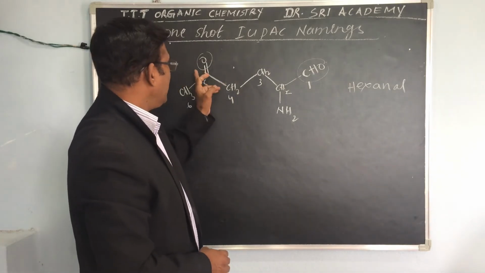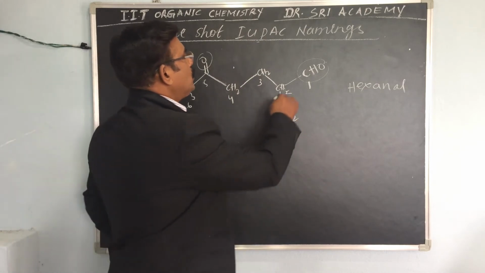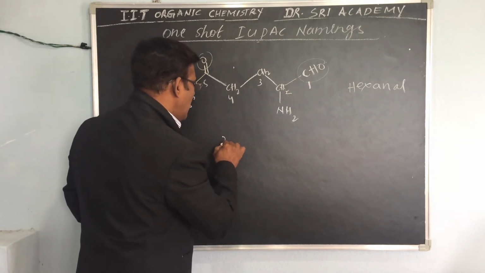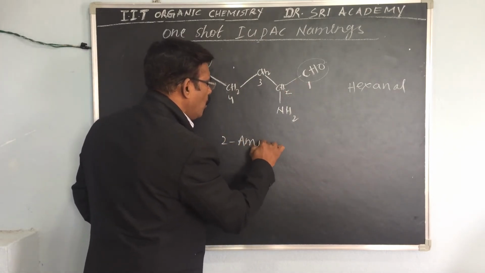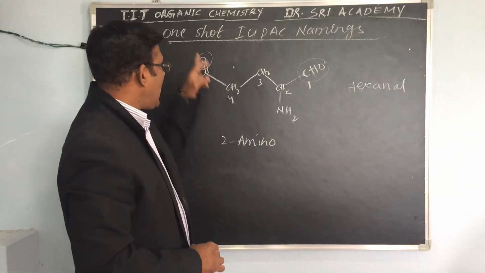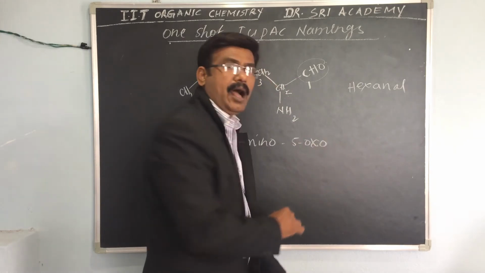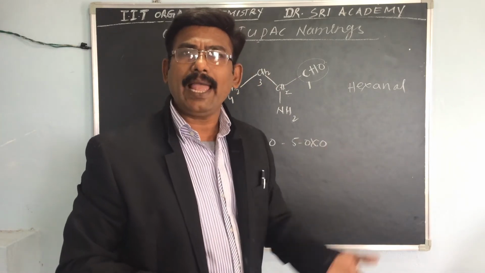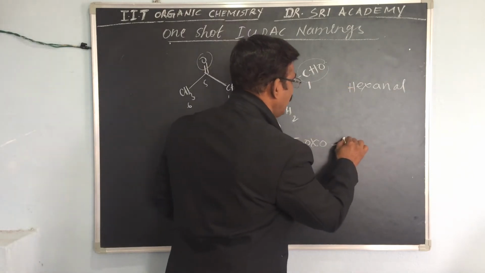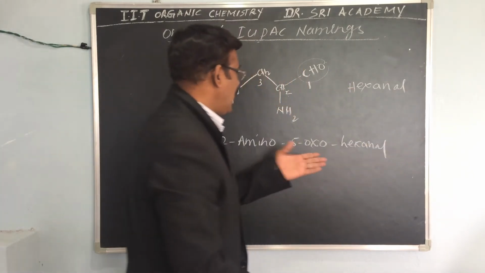This is the amine, amino, and this is the oxo. So the 2-amino group, 5-oxo. 2-amino-5-oxohexanal. This is the IUPAC name.